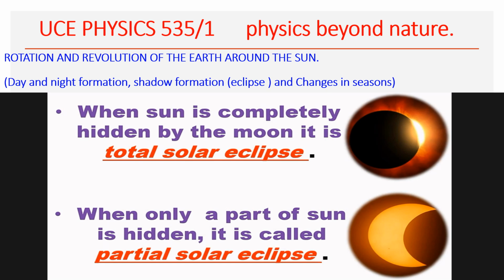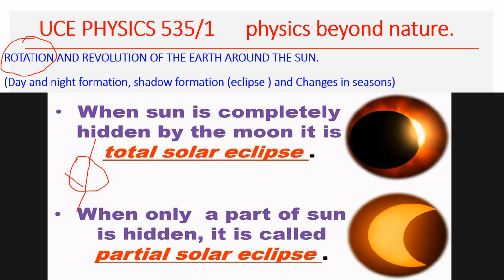So we can ideally see that it is as a result of rotation. It is as a result of rotation of the earth on its axis. So we agreed that this is our earth tilted at an angle.